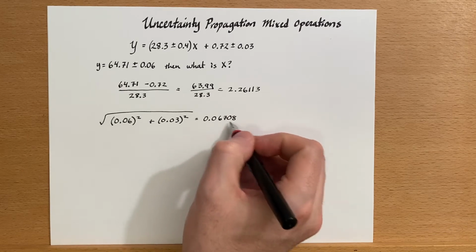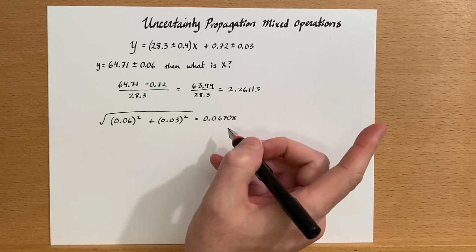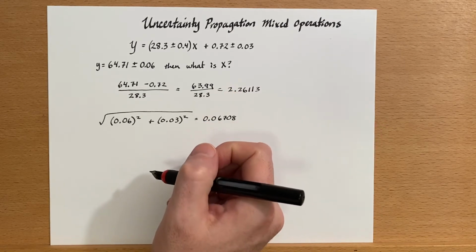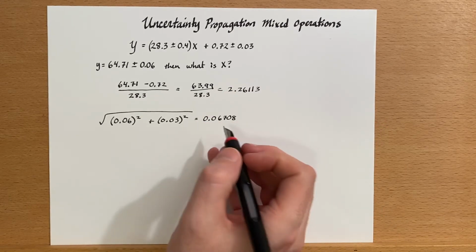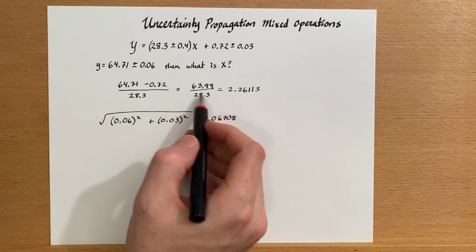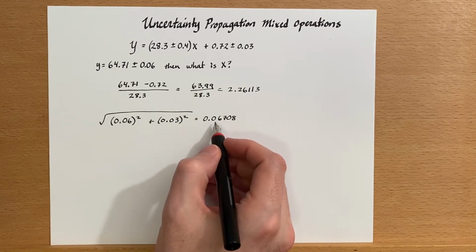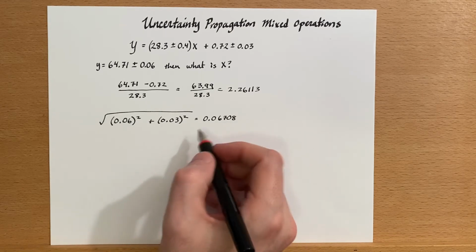And I'll often leave extra digits on there just because I know the calculation's not done yet. I'm going to use that value up here. So now I know that this is 63.99 plus or minus 0.06708.